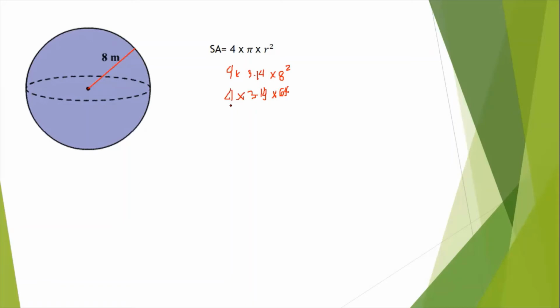Okay, let's start with 4 times 3.14. So 16, carry 1, 5, 12. So 12.56.